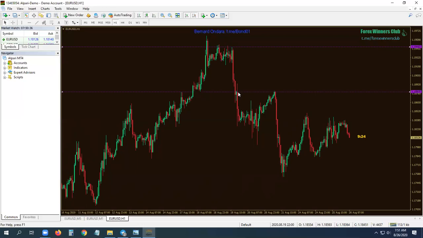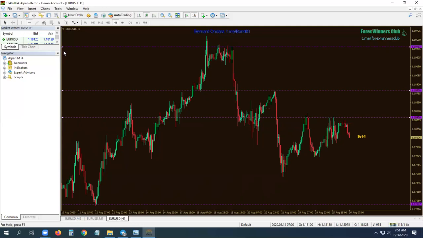Another person will say this is a nice resistance because it just acted as support before. Another person will come and put a level here, but another person will say that will be too close, the next level is probably here. And another one will say, no, I think this is resistance, so this has to be a resistance. The other person will put this level.